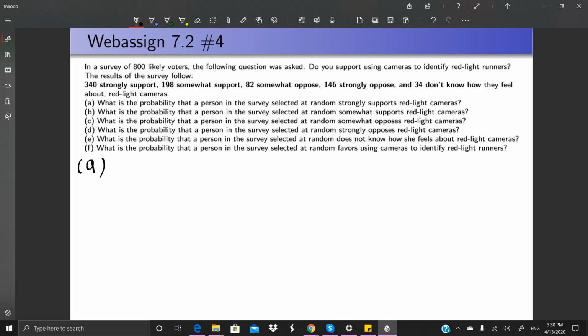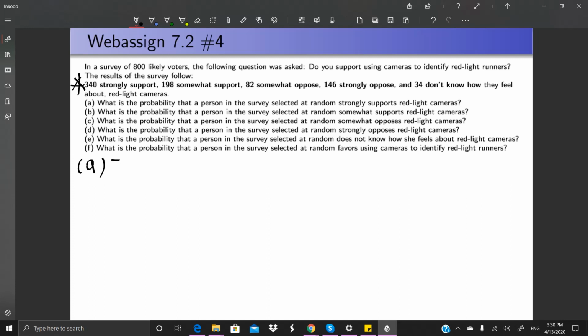Alright, so what is the probability that a person in the survey selected at random strongly supports red light cameras? So remember, the probability is always going to be the number of people who strongly support red light cameras divided by the total number of people surveyed, right? In this case, the question tells us that 800 people are surveyed, but if the problem didn't tell us that, they just give us this information over here, then you just add up the numbers, right?